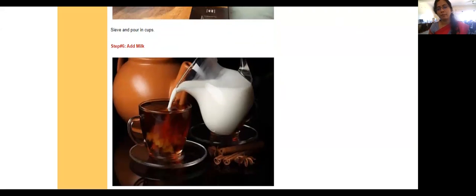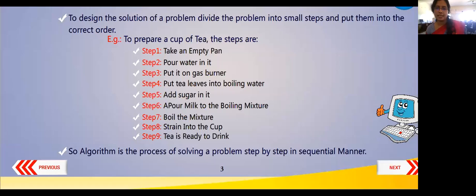So what we have done over here: take an empty pan, pour water in it, put it on the gas burner, put tea leaves into the boiling water, add sugar, pour milk into the boiling mixture, boil the mixture, strain into the cup. Tea is ready to drink.